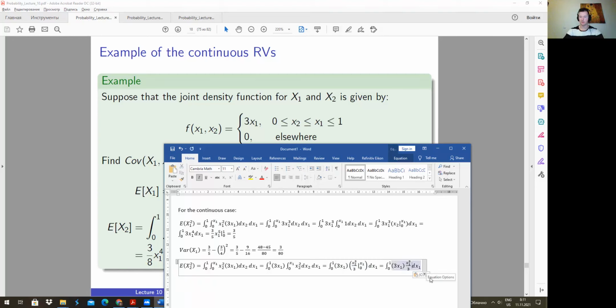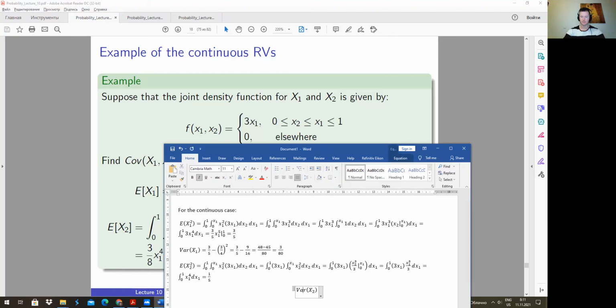The 3 and 3 cancel, and finally I have the integral of x1 to the power of 4. And this is simply 1 over 5, since it's x to the power of 5 over 5, evaluated from 0 to 1. So obviously it's 1 over 5.